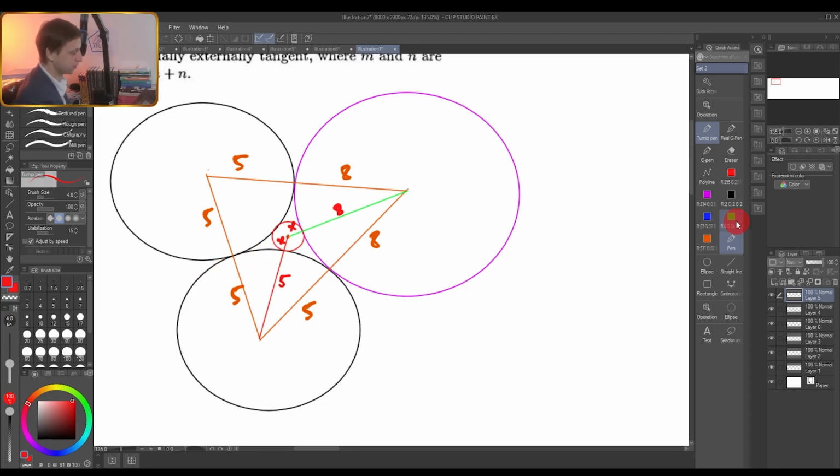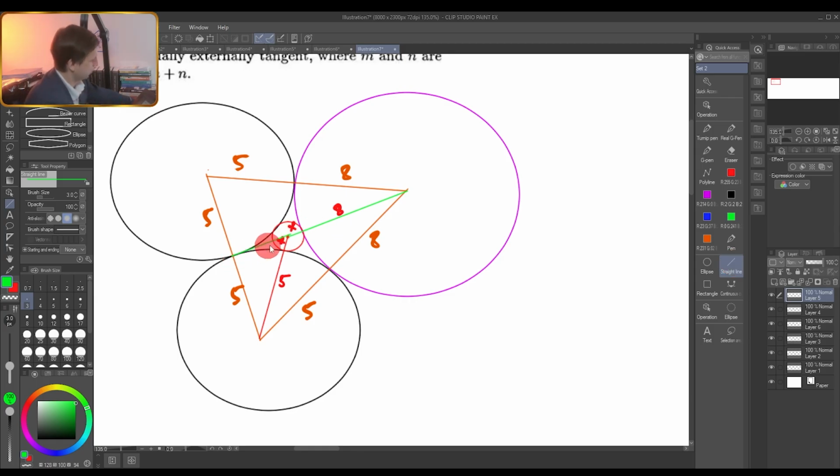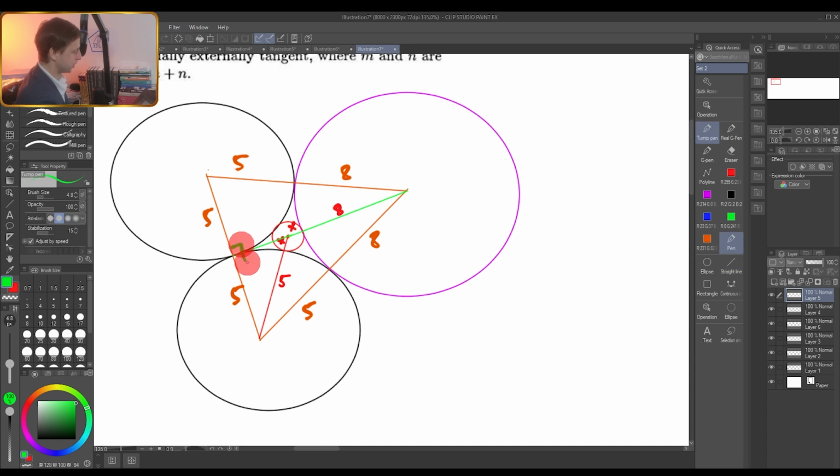So this line should pass exactly through this point where these two circles of radius 5 touch each other. So it means that this one is a median in an isosceles triangle, and therefore it's also an altitude, a perpendicular, and an angle bisector, and therefore you can find this angle alpha. From this right triangle, you see that sine of alpha equals 5 over 13.